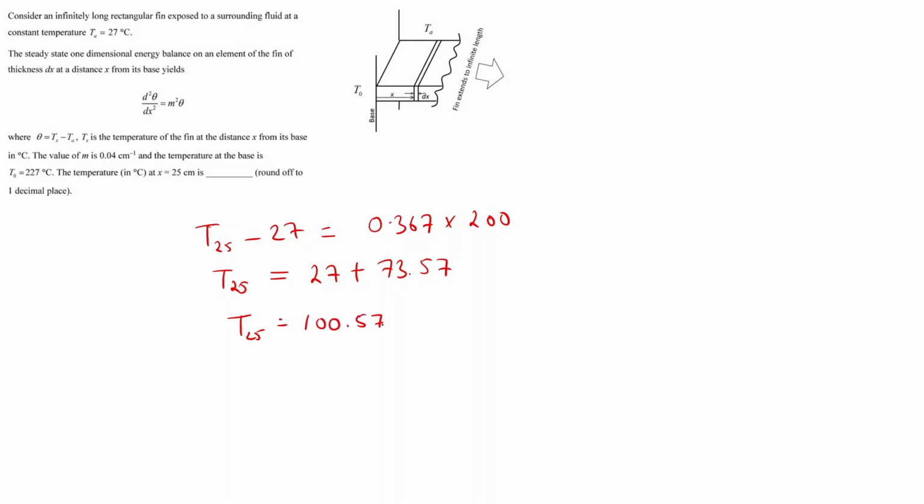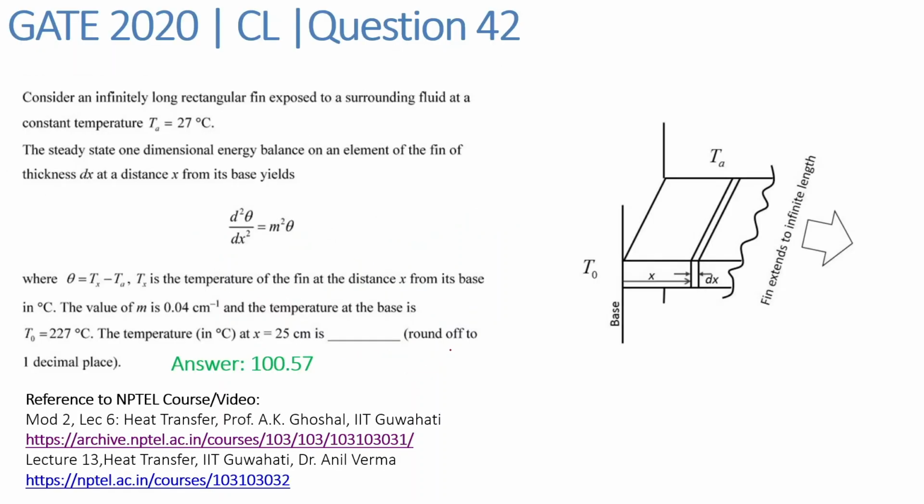So yes, the temperature at x equal to 25 centimeter will be equal to 100.57 degrees Celsius. So we can write the final answer as 100.57 since this was a numerical answer type question.